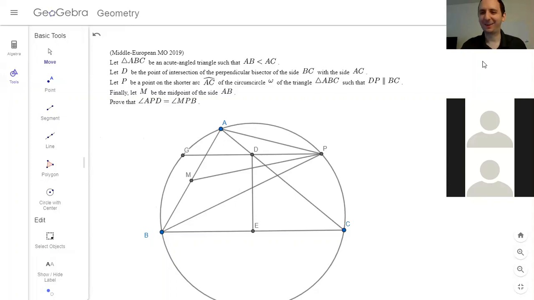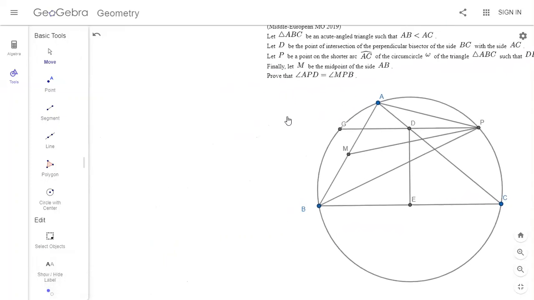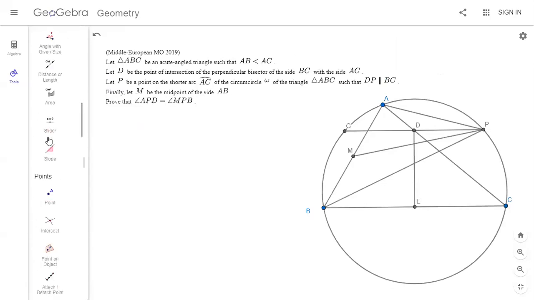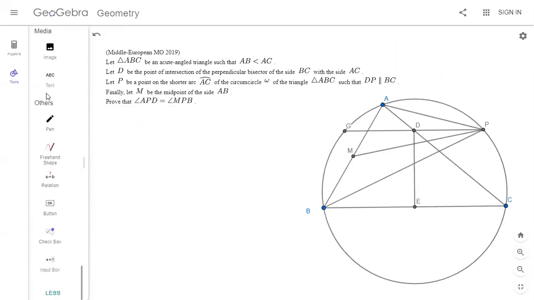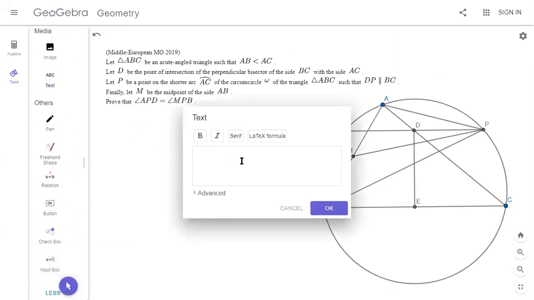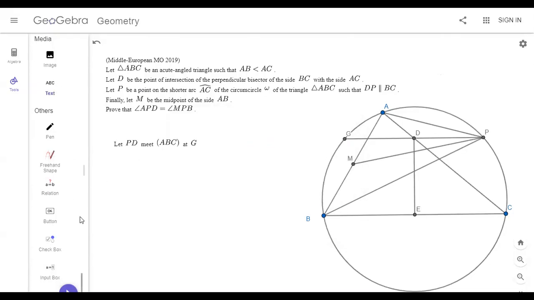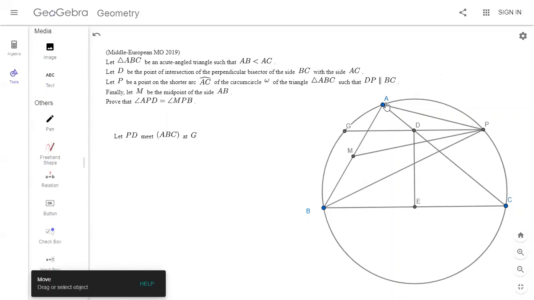All right, yay! So we spent a long time on the last one, but we have a quick projective proof of this one. Let PD meet the circle ABC at G. Then we want to show AGBP is harmonic.